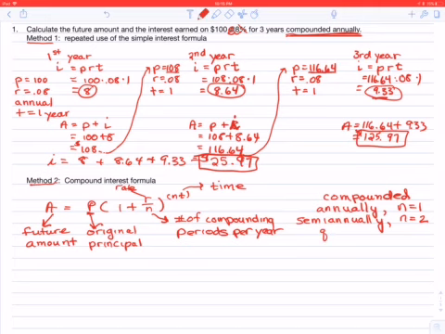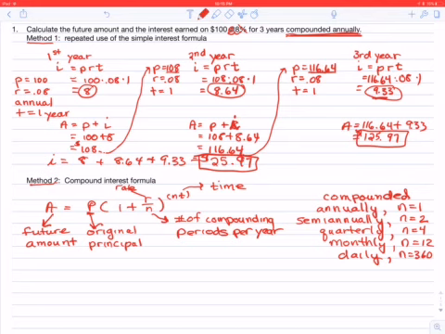Quarterly, that means 4 times a year, or every 3 months they'll calculate the interest and add it on. Monthly, and daily. If we use the banker's year, then N would be 360.